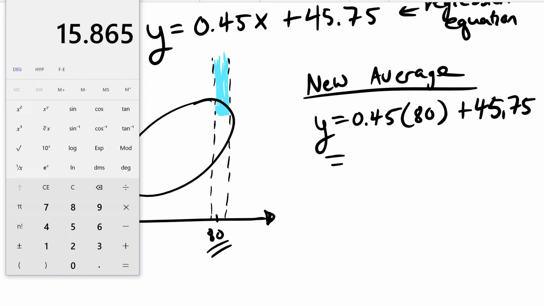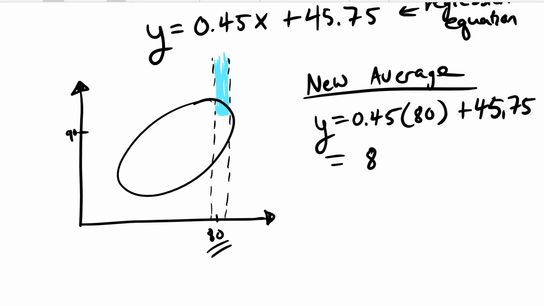So 0.45 times 80 equals 36 plus 45.75 equals 81.75. So what we're claiming here is that the average of the y-coordinates within the vertical strip is 81.75.